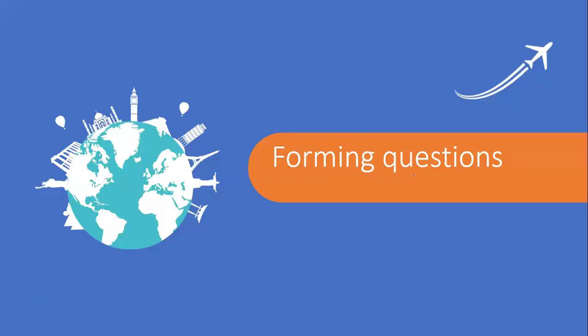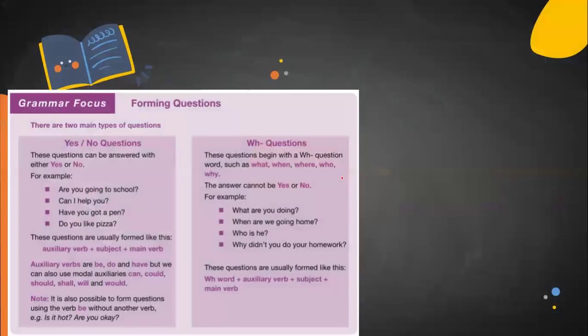Now let's start by talking about how to form questions in English. There are two main types of questions. What are these two main types of questions in English? They are yes/no questions and WH questions. So let's write them here.